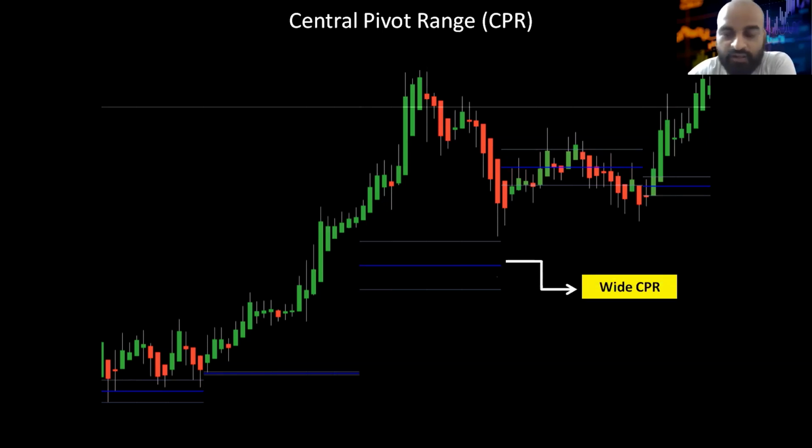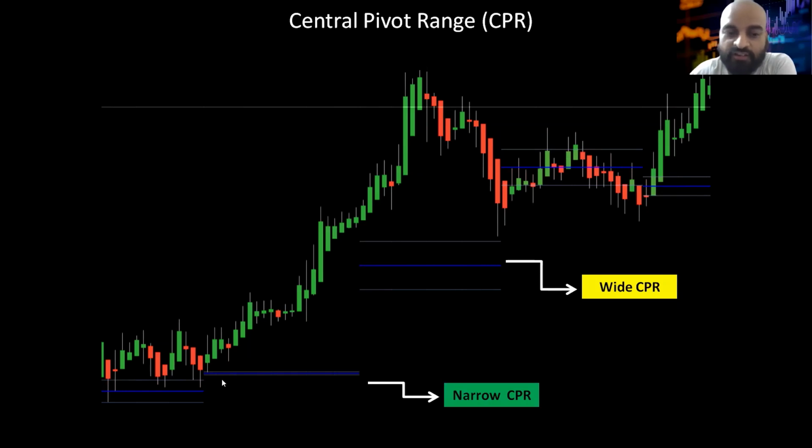Whenever there is a wide CPR, with wide lines, there is a range-bound market, so there is no uptrend or downtrend; the market is moving sideways. When there is a narrow CPR, it shows that there is a definite uptrend. It could also be a downtrend. In this scenario, it's an uptrend.